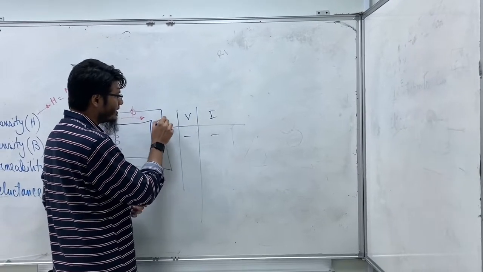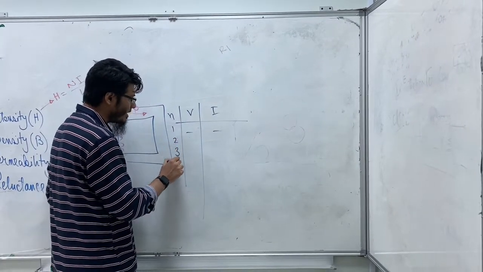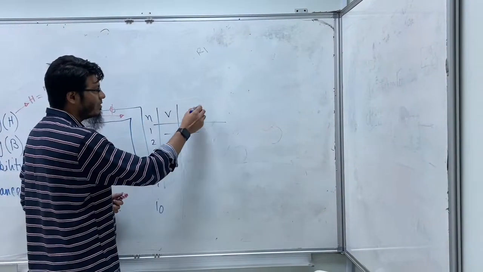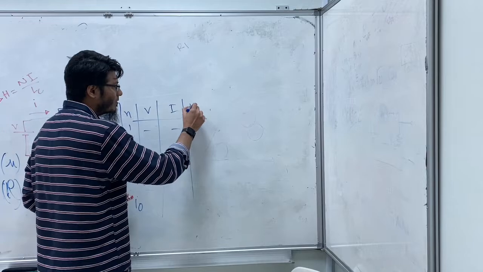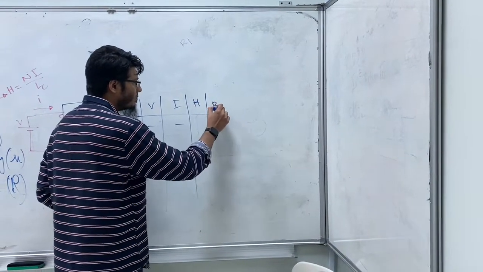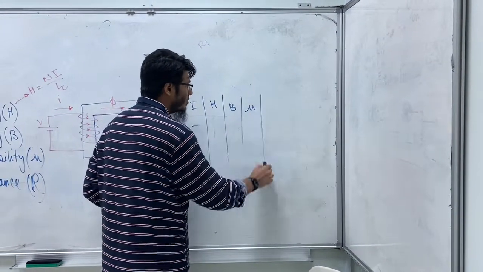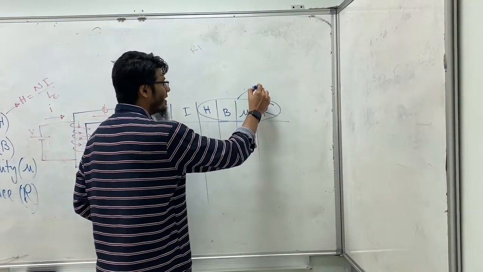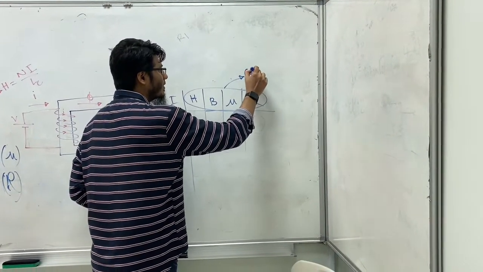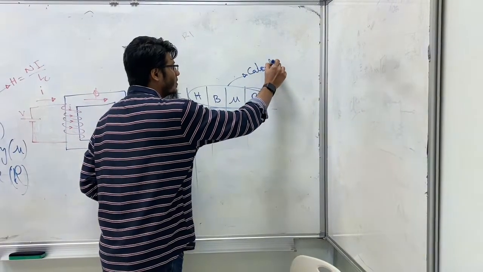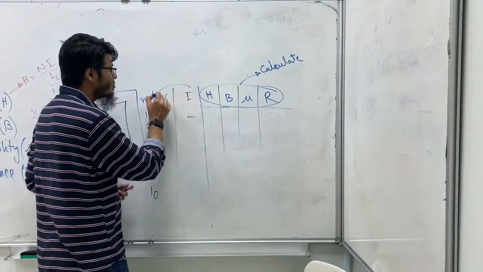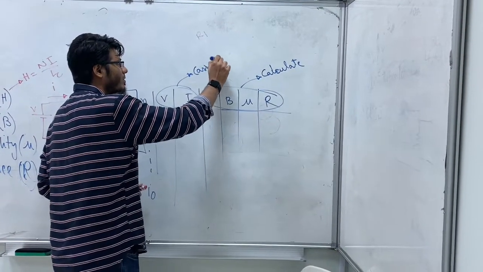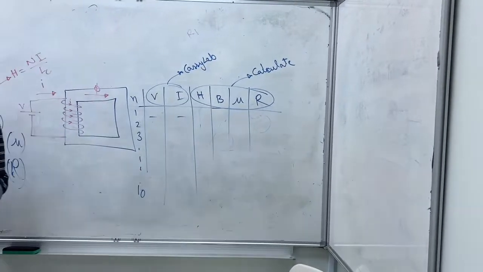For example, we'll take the number of data 1, 2, 3 up to 10 or 11, whatever. This voltage and current we will measure, but H, B, mu, reluctance R, all of them we will calculate. And these two we will get from the Casilab.